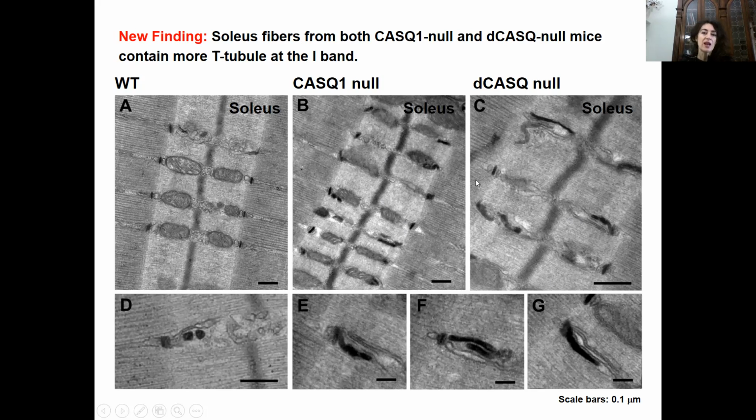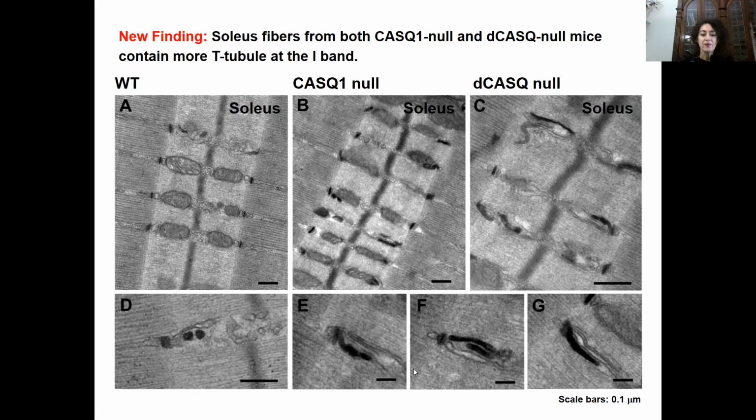And this is similar to what we already described in calsequestrin 1 null mice for EDL. The only difference in the appearance of calcium entry units is that in soleus, T-tubules usually make contact with just one SR cistern. Rarely we found stacks formed by 2 or multiple SR elements like in EDLs.